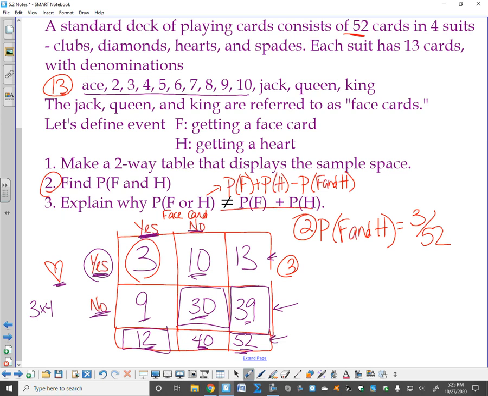If this doesn't equal this, that means this has got to have some value to it, which means F and H are not mutually exclusive. There's your why. The events, face card and heart, are not mutually exclusive. There are 3 of them that would be in both categories.